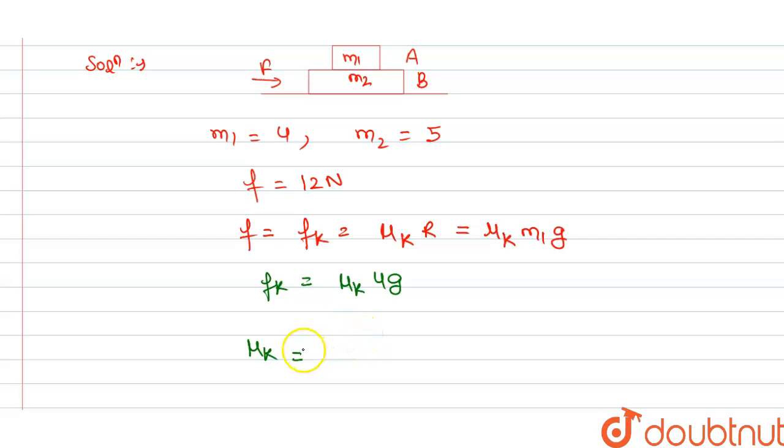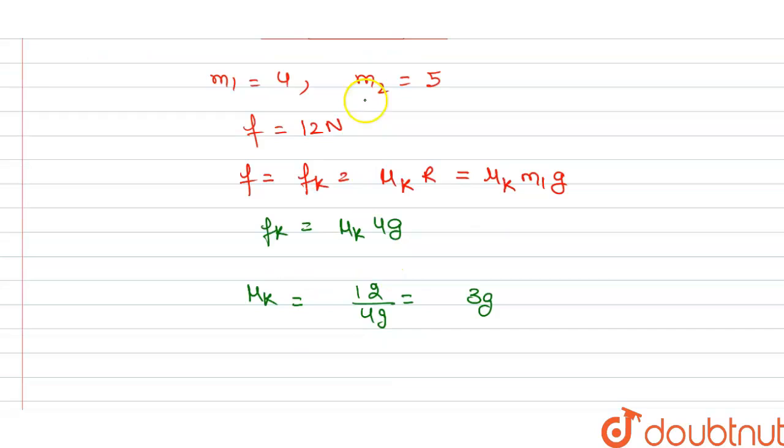So from this we get 12 divided by 4G, which is 3 divided by G. And as block B is on a smooth surface, therefore A and B move together.